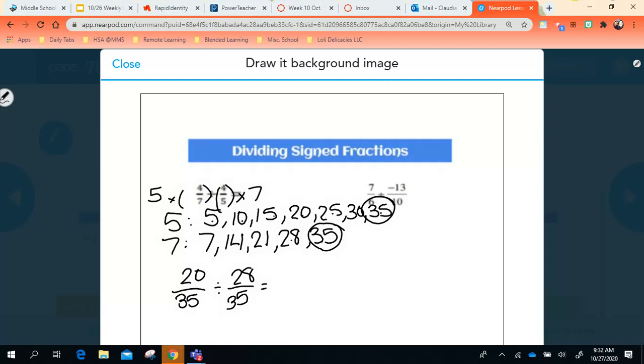So I'm not even going to write that down. So we're good here. So then I have 20 divided by 28. And yes, you can simplify from there. I'm probably going to simplify by 4. So it gives me 5 over 7.